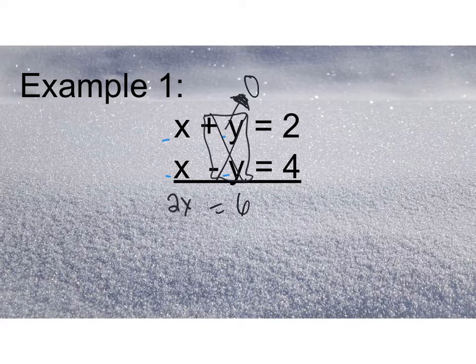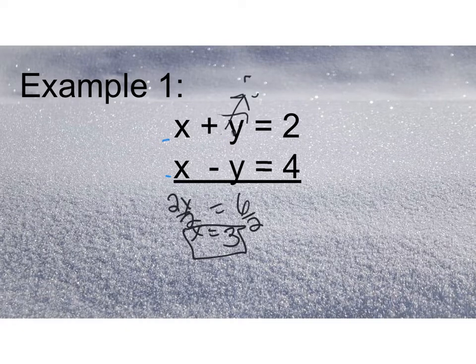So look at that. Now we can solve for x, and we divide by 2 on each side, and x will equal 3. Wow. So we know what our x is going to be in this solution. Now, if I go back and erase all of this that I did from before, to figure out what my y is going to be, all I have to do now is plug it in for y in either one of my equations.